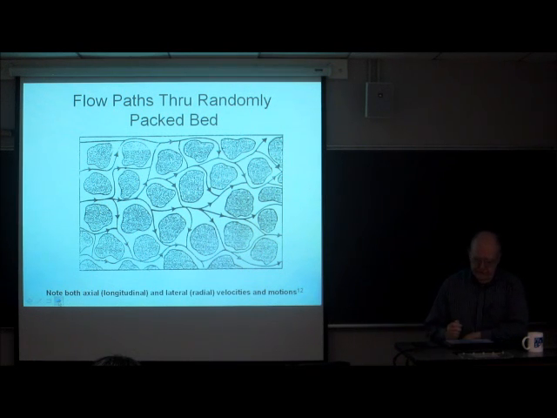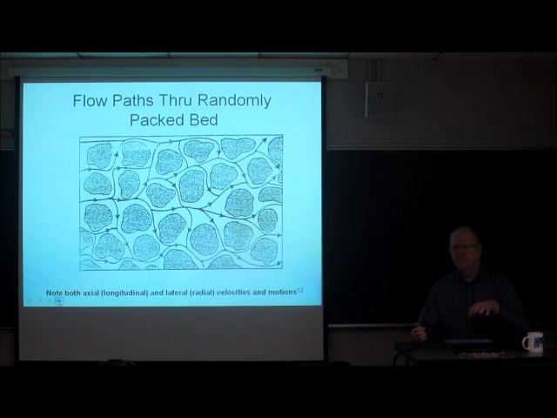So here's an attempt to draw in 2 dimensions the structure of a 3-dimensional bed. And the solid lines with arrows are supposed to represent different flow streams. That is, different ways in which the fluid can move through this bed packed with particles. And you'll notice that the flow streams don't always just move straight down the tube, down the column.